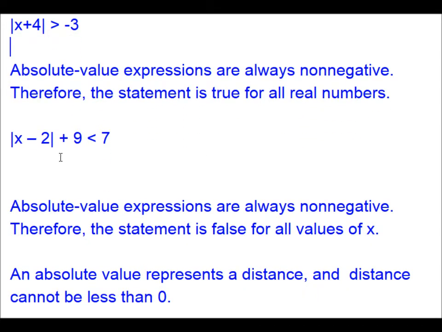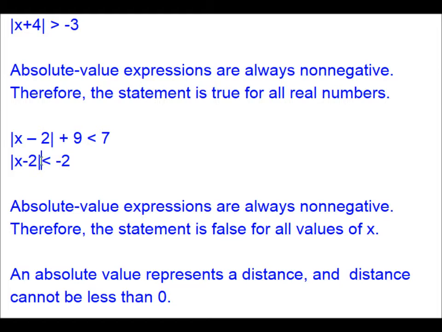Similarly here, |x - 2| plus 9 is less than 7. So when you take 9 to the other side, 7 minus 9 is minus 2, so |x - 2| is less than minus 2.